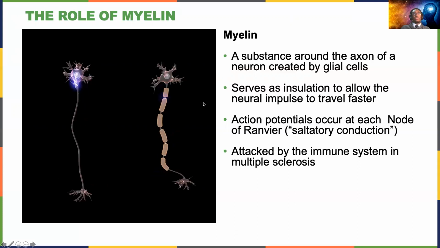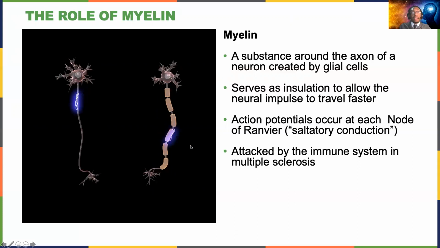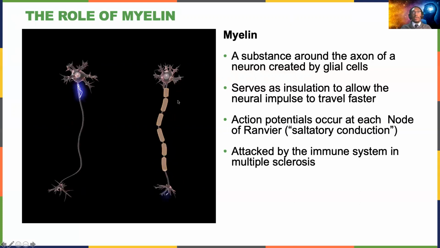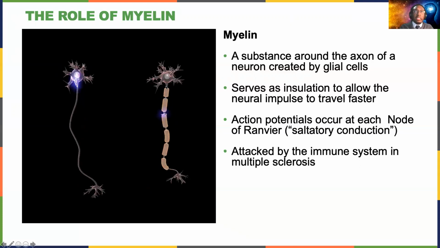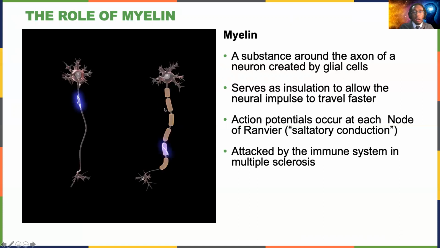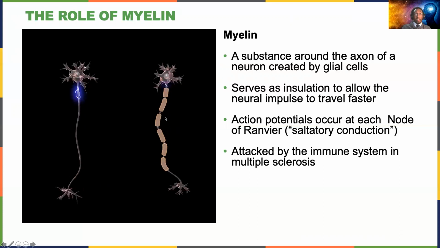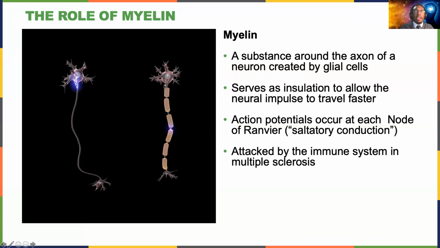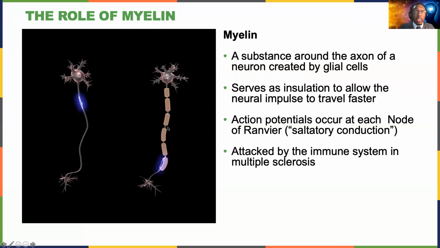Whereas here, in contrast, these cells right here covering the axon are myelin cells that provide insulation. And what they do is they block the action potential from occurring, except for at specific points. These specific points are called the nodes of Ranvier, named after the person who initially identified them. And so the action potential can only, the ion channels can only open here and here and here and here and here.